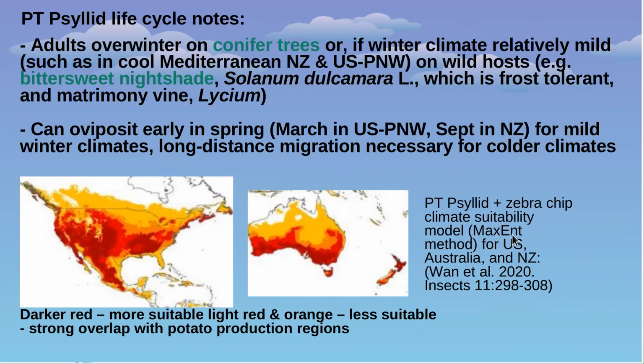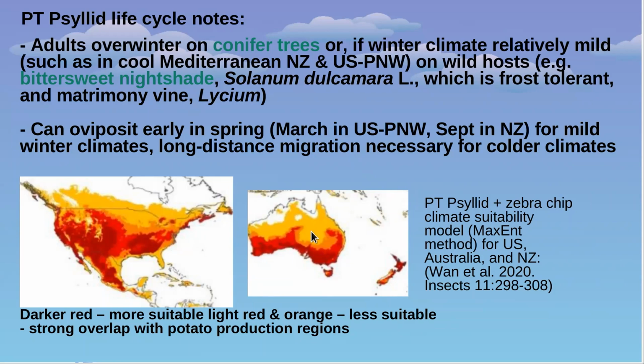They've used the Maxent method to try and determine the climate suitability for both the potato psyllid and zebra chip, the bacterium. And it's pretty much anywhere you can grow potatoes, you're going to have these two pests. So throughout New Zealand, throughout most of the US, the darker red is the most suitable and the orange is less suitable.